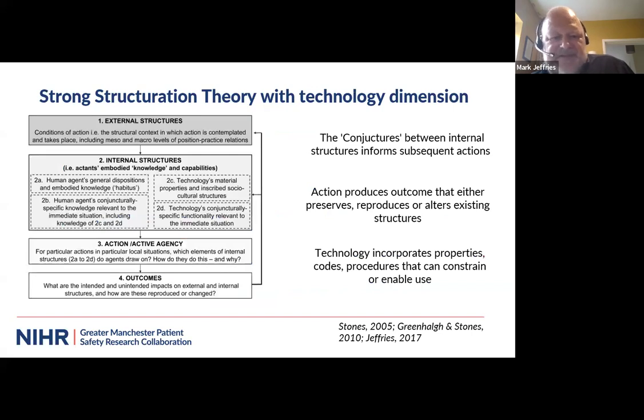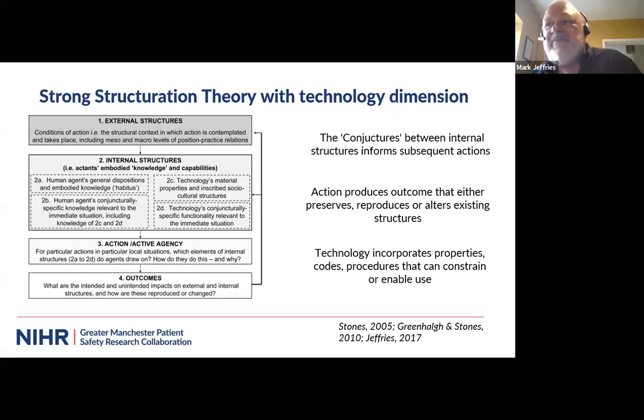If everyone can see this, this is basically an explanation of how strong structuration sees the world. We have external structures, which are the physical, the social, the economic, the broader context into which technology is implemented. Within that, we also have internal structures, which are the person's knowledge and their dispositions, and Stones and Greenhalgh added a technological aspect to this.